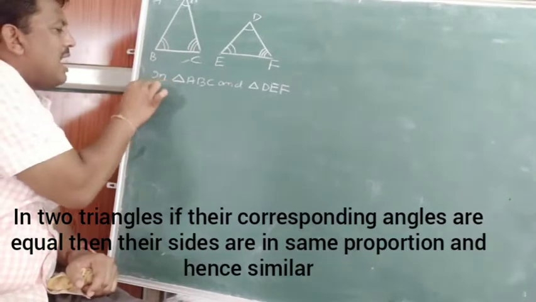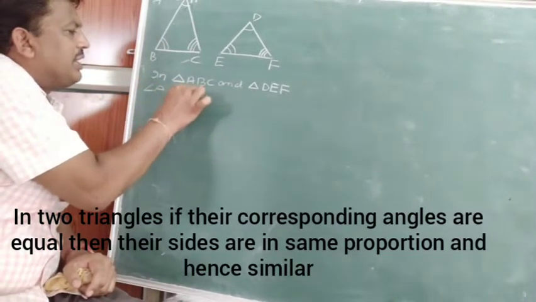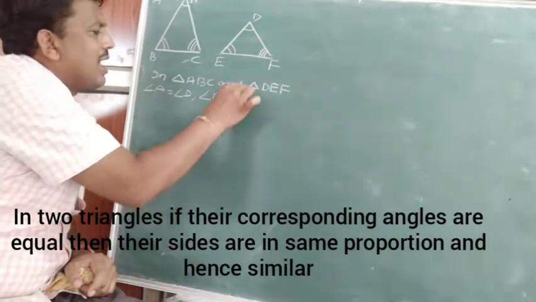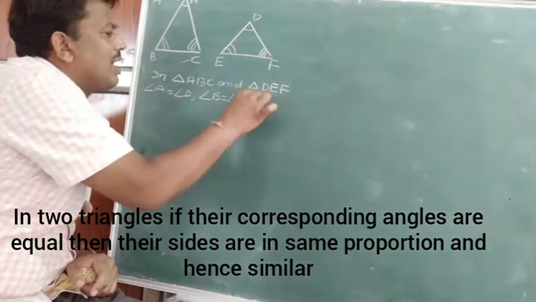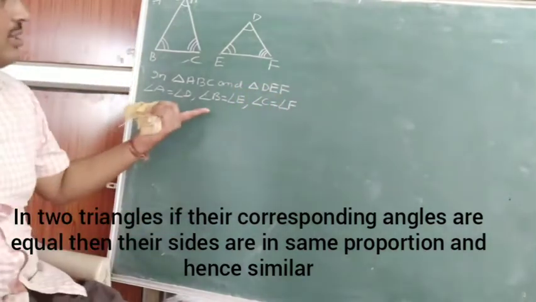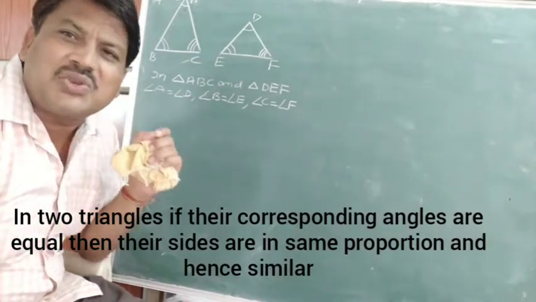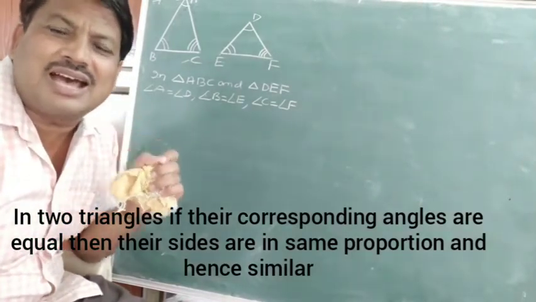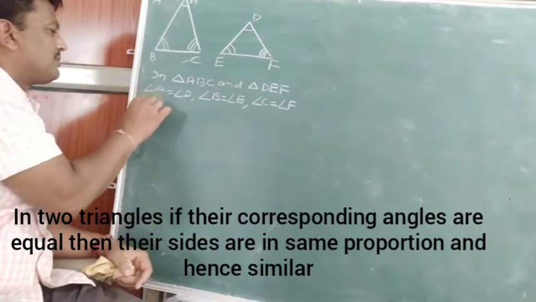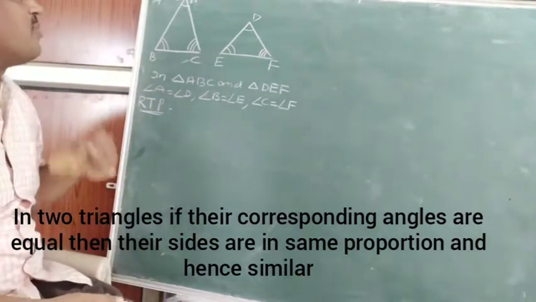Given that angle A is equal to angle D, angle B is equal to angle E, angle C is equal to angle F. This is given children. And what we have to prove? The ratio of their corresponding sides are equal children. So let's write it. The ratio of corresponding sides.